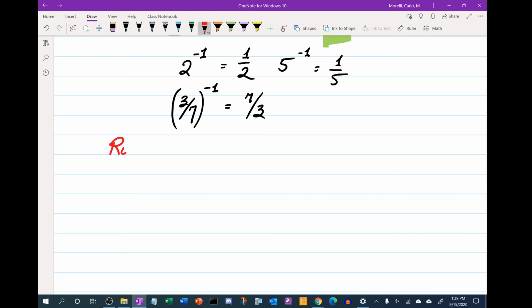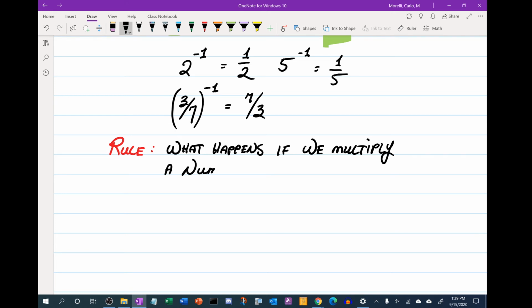So here comes a rule. And I'm going to ask this as a question. What happens if we multiply a number or letter by its reciprocal?